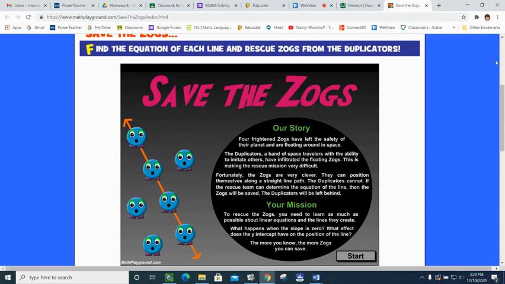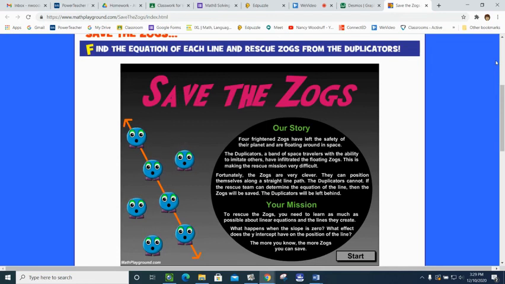4 frightened Zogs have left the safety of their planet and are floating around in space. The Duplicators, a band of space travelers with the ability to imitate others, have infiltrated the floating Zogs. This is making the rescue mission very difficult. Fortunately, the Zogs are very clever. They can position themselves along a straight line path.